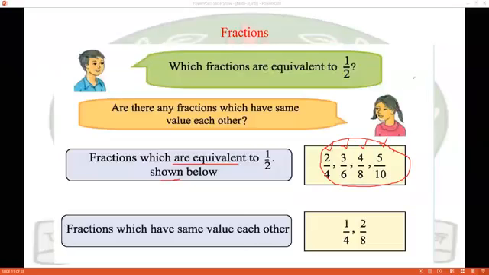Because when you write 2 by 4, you can divide the denominator and numerator by 2. Then you get 1 and 2, so this is a half. So they are equivalent.